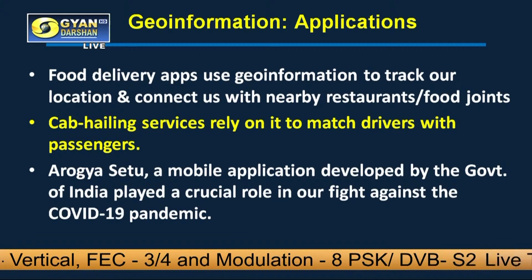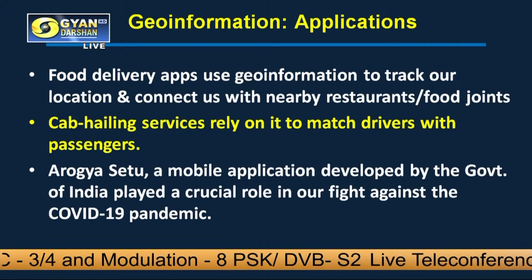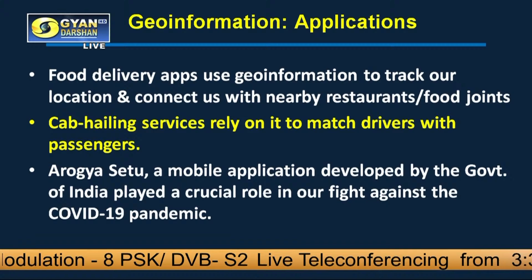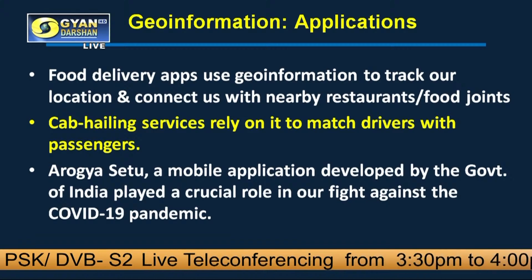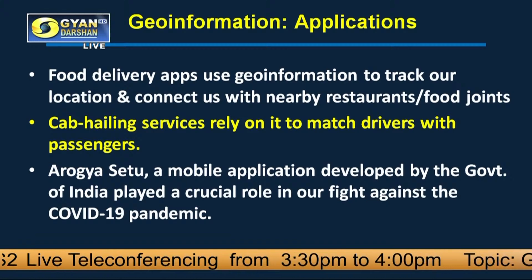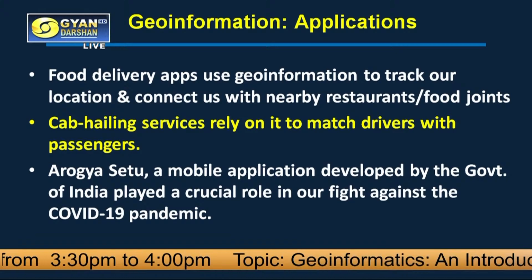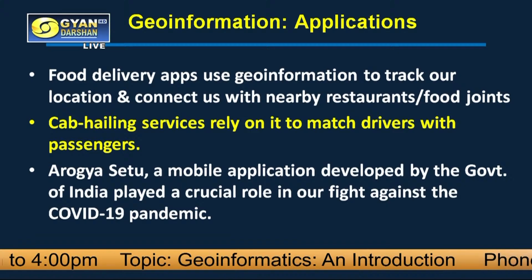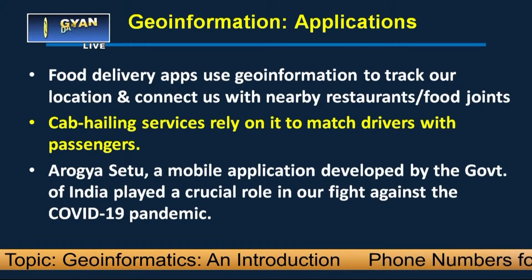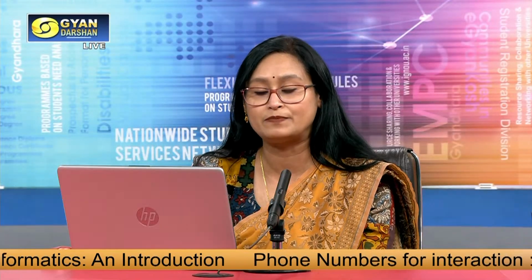Then there is also a mobile app that you must have known, Arogya Setu. This is the mobile application developed by the government of India that played a crucial role in the fight against the COVID pandemic.